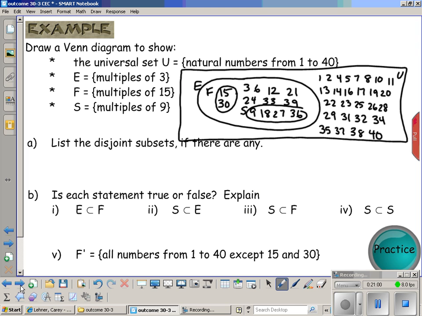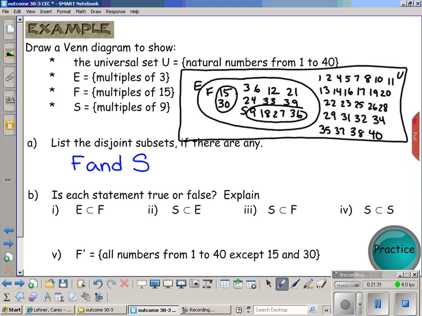You define F, and you define E. Ones that are disjoint, F and S. Those subsets have no elements in common. But F and E have elements that are common. 15 and 30 are in both sets. If you look at F, its numbers are also in set E. And all of them are in the universal set U.